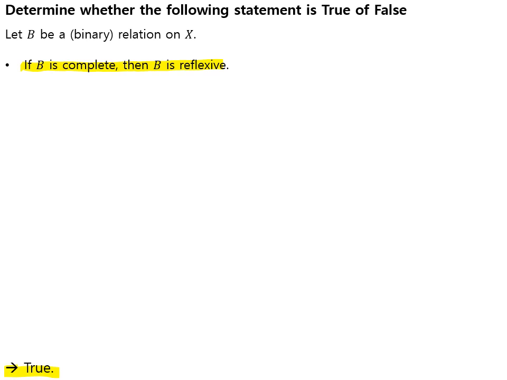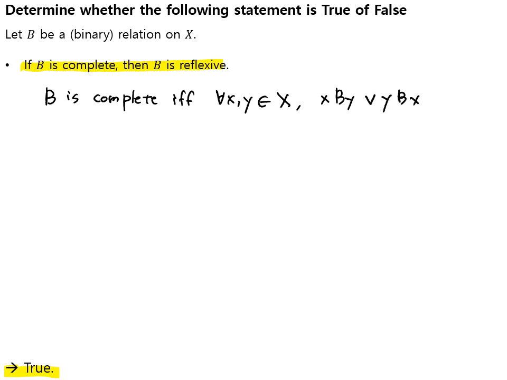And to explain the same thing again, if you look at the definition of completeness, it basically says that if B is complete, this means that for all x and y, either x is related to y or y is related to x or both.